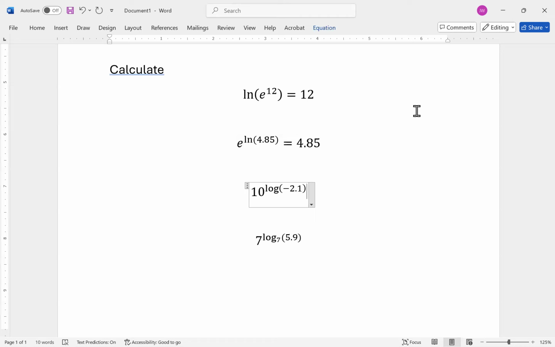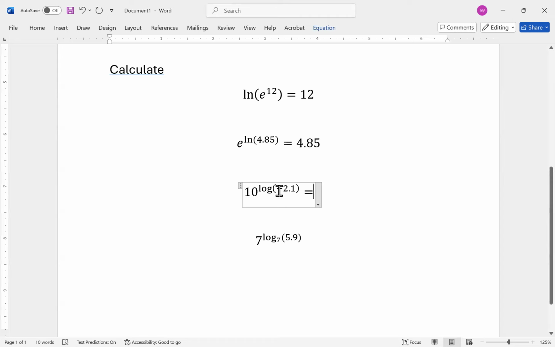If I take 10 to the power log of negative 2.1, now this is an interesting thing. If I take log of negative 2.1, I get a non-real number. So be careful about this.